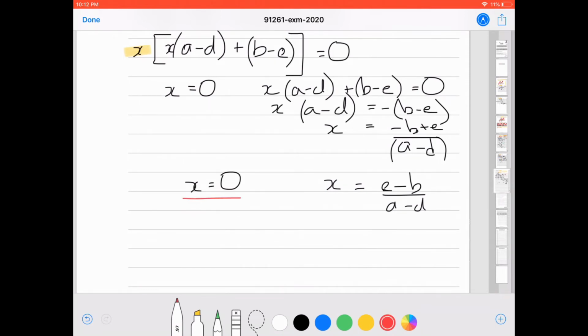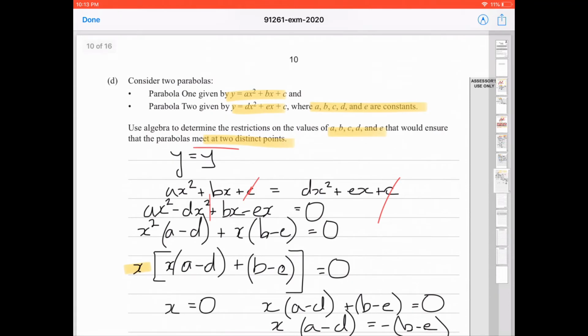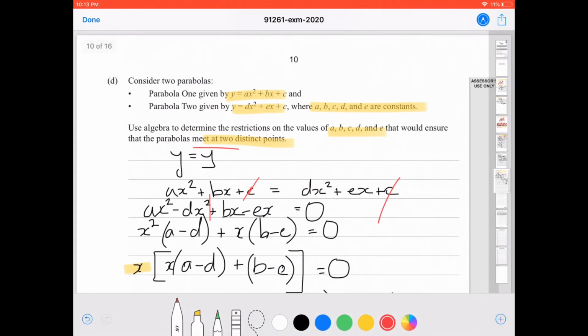Okay. Now, are there any constraints here? Well, we do have some constraints. Just looking at the question, using algebra to determine the restrictions on the values of a, b, c, d, and e. Okay, and again it talks about two distinct points. We have found our two distinct points.